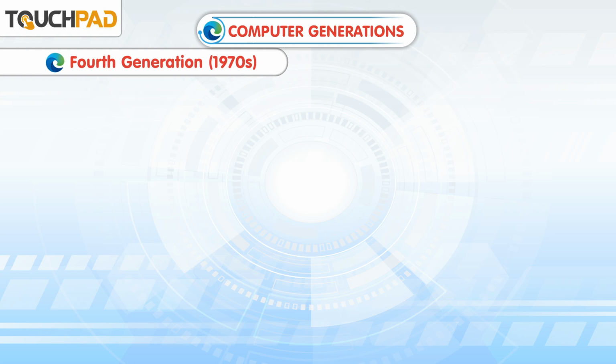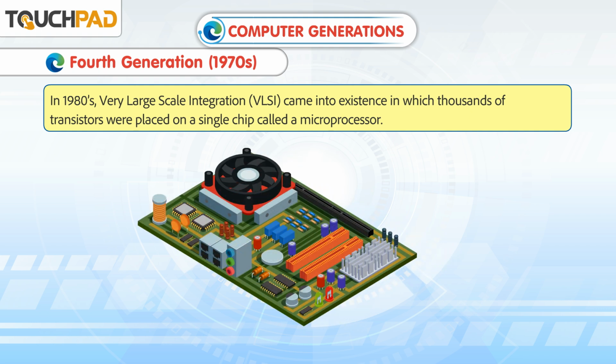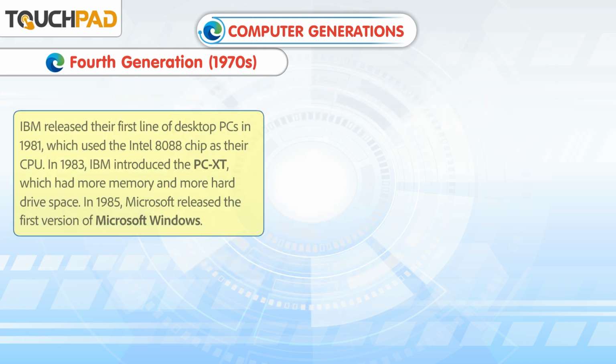Fourth generation, 1970s. In the 1980s, Very Large-Scale Integration, VLSI, came into existence, in which thousands of transistors were placed on a single chip called a microprocessor.